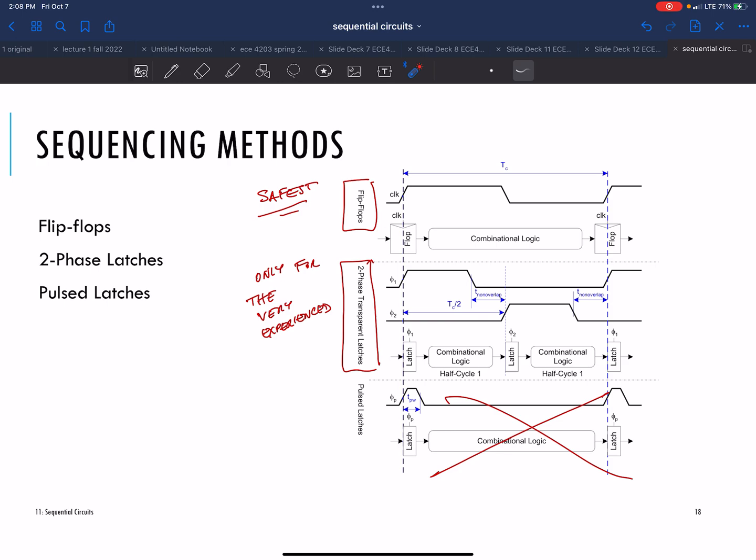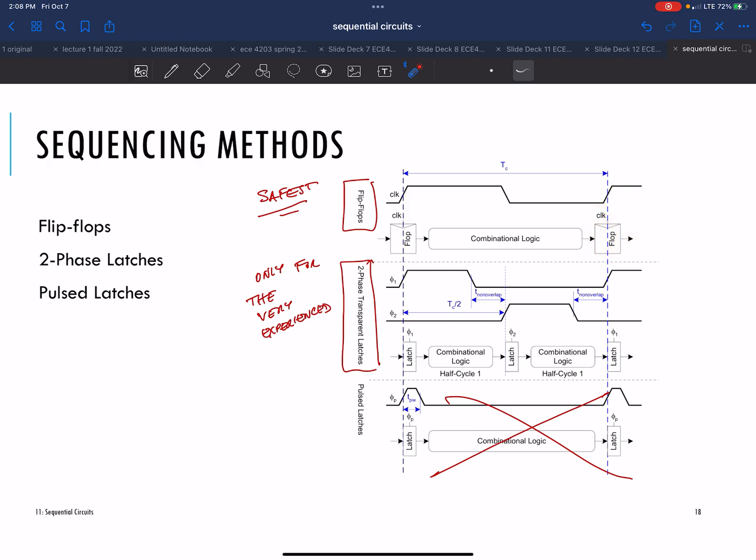The combinational circuit is a bunch of inverters, NAND gates, NOR gates, what have you. And then that stuff shows up on the output. Okay? Now, whatever that is gets sampled by the following edge of the clock in the second flip-flop and gets passed on to the next stage.